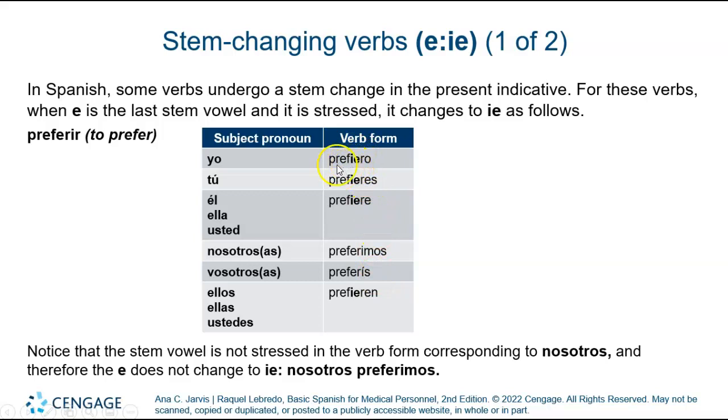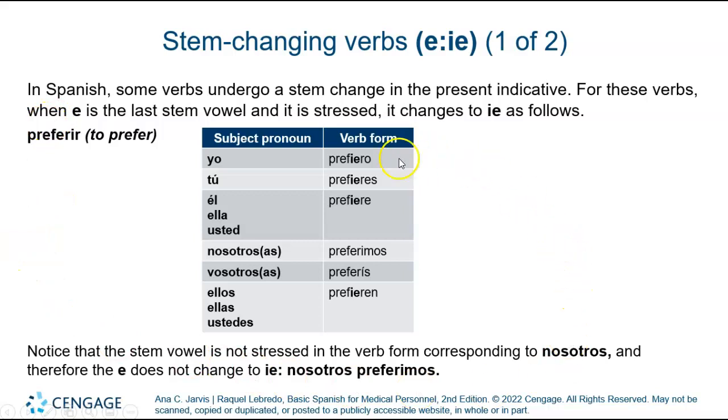Particularly interesting for a verb like preferir is that there are 2 E's. So when we say the E turns to IE, it's the second E. Whenever you have 2 vowels in the stem, it'll be the second one, from the left, not the first E but the second E in preferir. The second thing you need to know is where the stem change is going to occur.